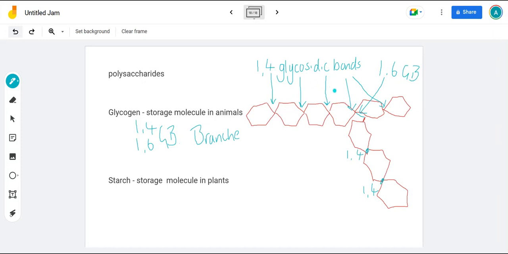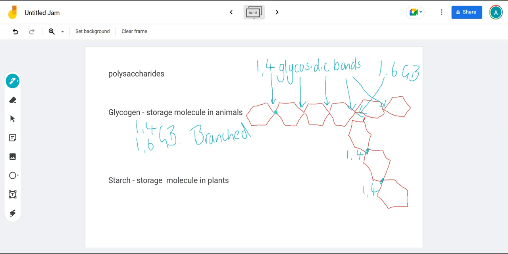So because we've got these branches in the glycogen, oh, where's the D gone off the end of there? Because we've got these branches on glycogen, we've got access to break off a glucose molecule in more places than if it was a straight chain. So if we had a straight chain molecule, or coiled or any shape, but one chain, we could remove this glucose here, we could remove this glucose here.